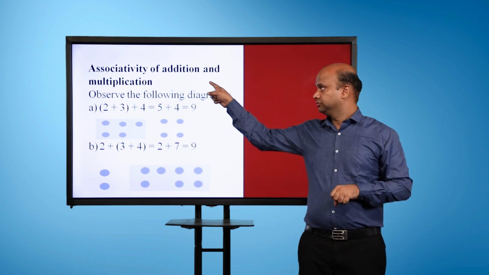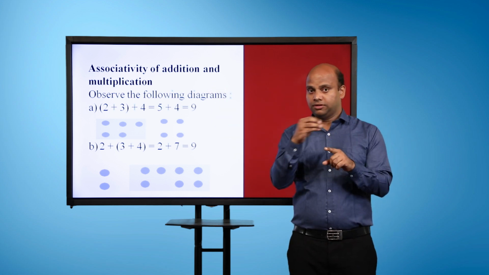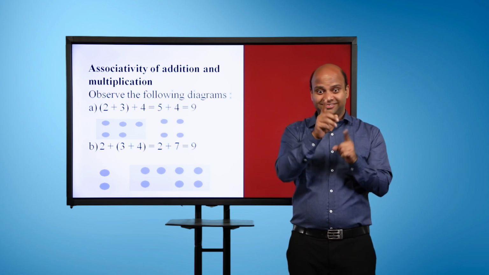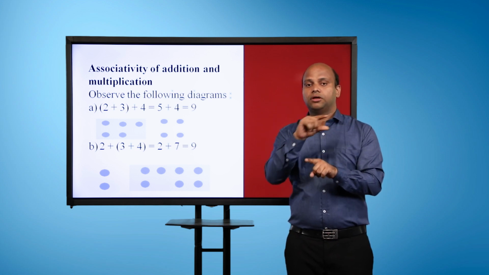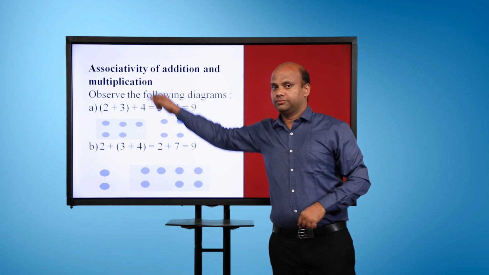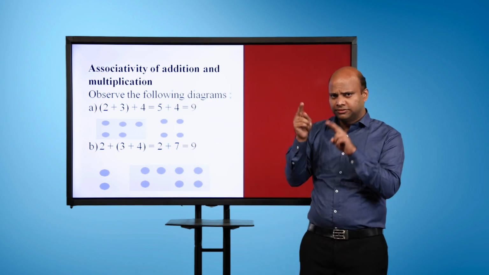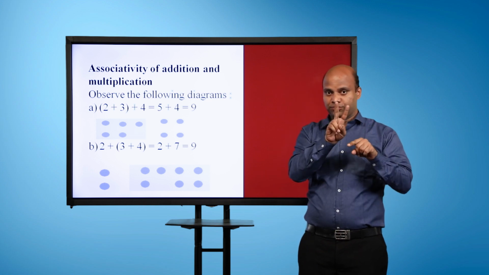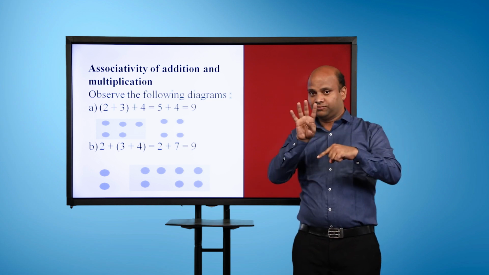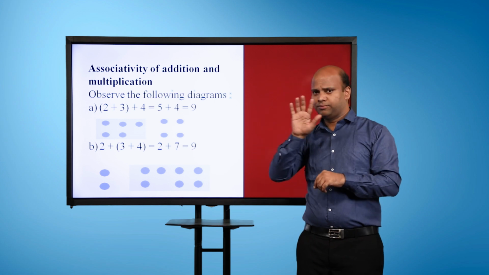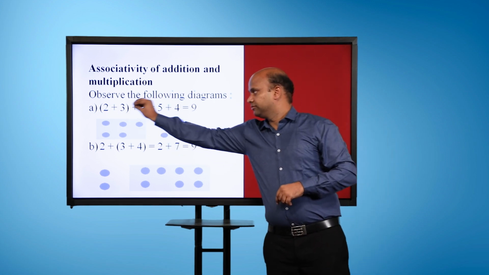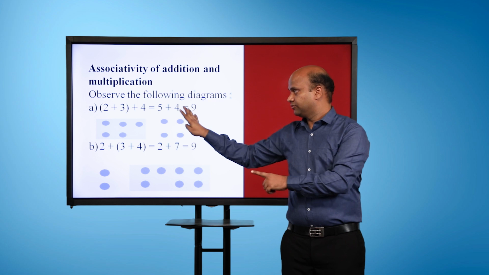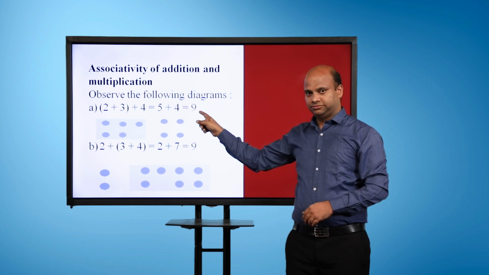Associativity of addition and multiplication. Observe the following diagrams. A. In brackets, 2 plus 3, plus 4 is equal to 5 plus 4 is equal to 9.